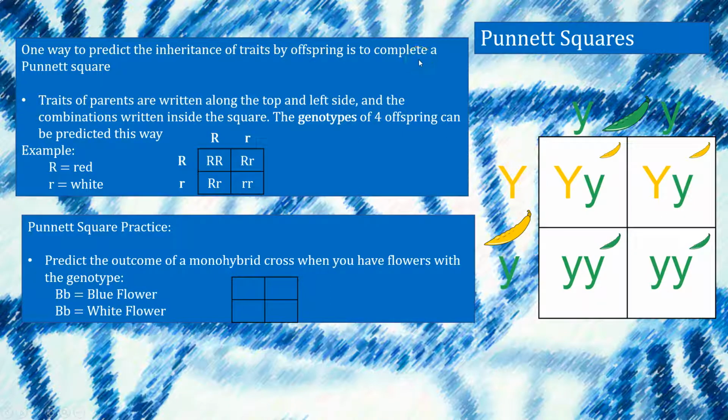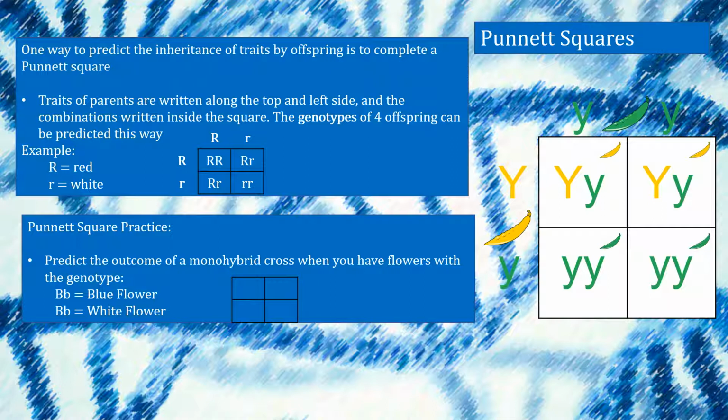The traits of the parents are written on the outside, like you see here, and only along the top and the left. We never use the right or the bottom; these are left blank. Using this, we can determine the 4 possible, let me emphasize the word possible, genotypes of offspring that these parents could have.